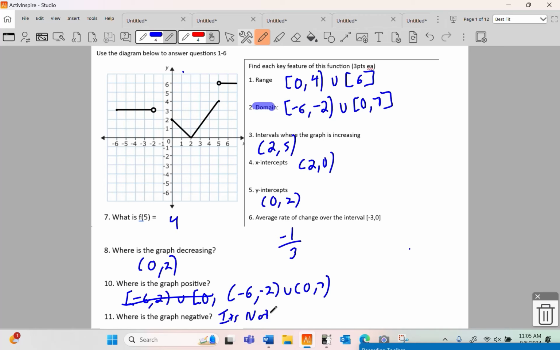Negative means below the x-axis. You might see me abbreviate at some point in time. Does not exist. And I would abbreviate that literally DNE, does not exist. So that's how I would do the first 11. Hopefully those go better than they have been in the past.